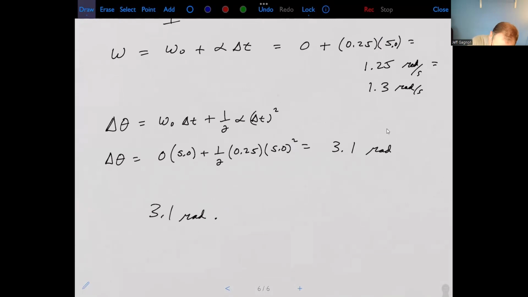Now I want to use the fact that one revolution, so I need that in the numerator, is equal to 2 pi radians in the denominator. So radians cancels. And if you work that out, it's around a half of a revolution. So the whole merry-go-round maybe rotates around halfway around in 5 seconds, given this information, given this moment of inertia, and given the torque that the person is exerting on the merry-go-round.